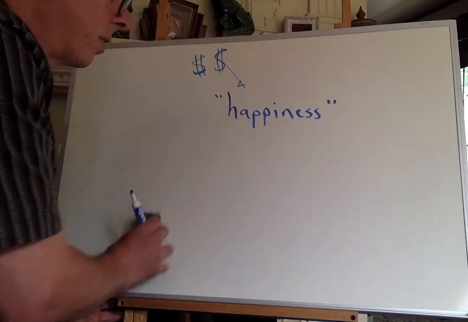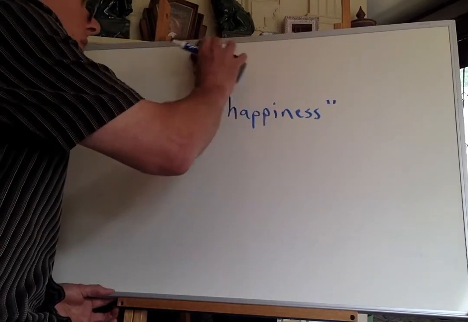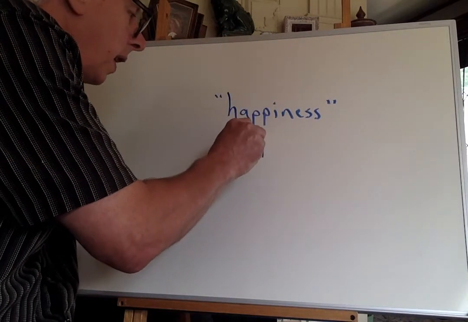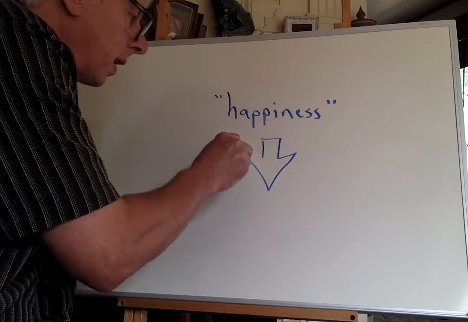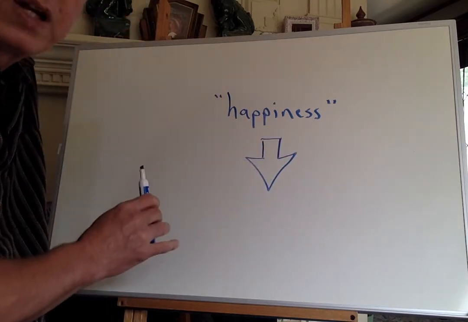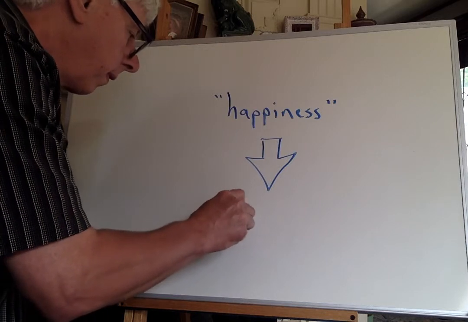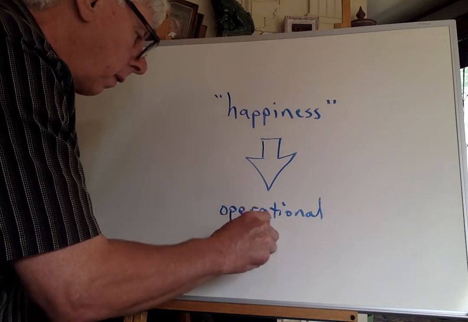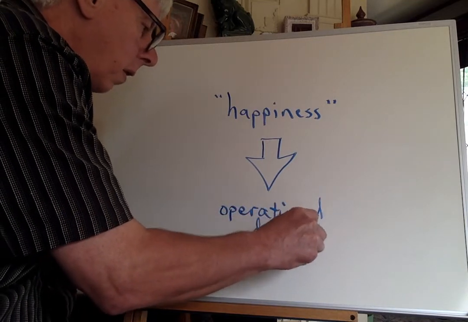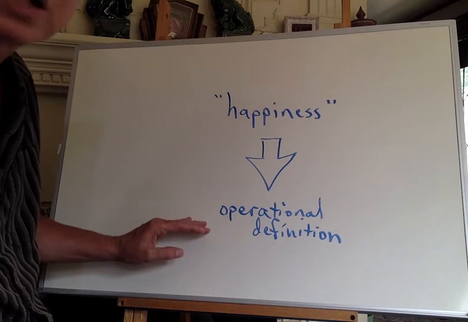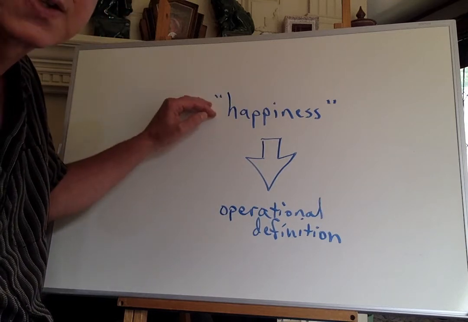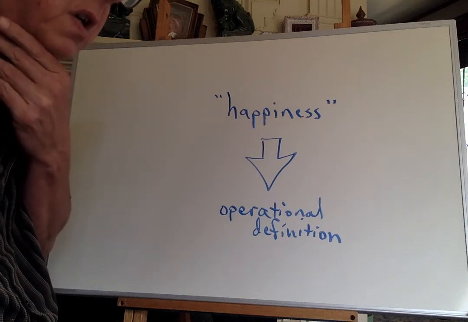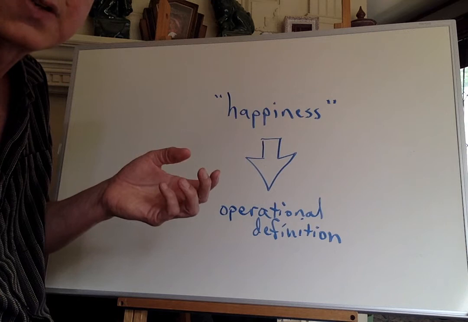That is, we're going to take this hypothetical construct, and just like I showed you the last time, we're going to make an operational definition, that is, what kind of operation am I going to do to define happiness, okay? And we have some options in this case, okay?